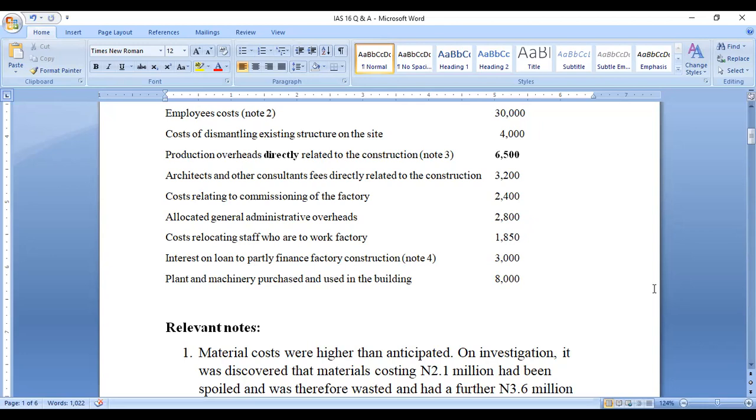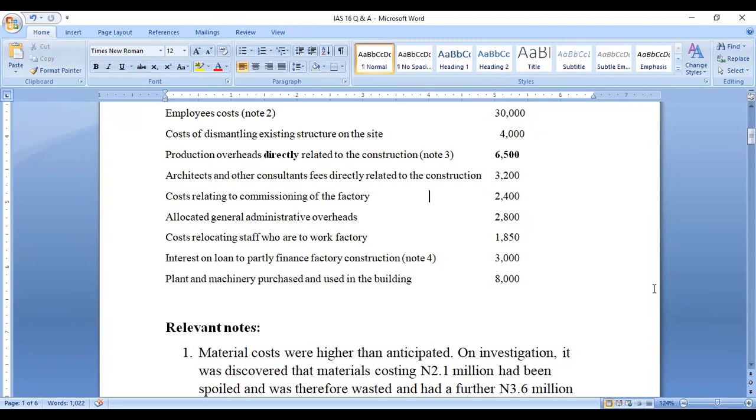Okay, so let us note that this cost we are computing has to do with the cost of the assets. The cost of relocating staff from wherever they may be to come work in the factory is not part of the cost of the assets. Yes, the cost has been incurred, but it will be expensed in the profit or loss account.